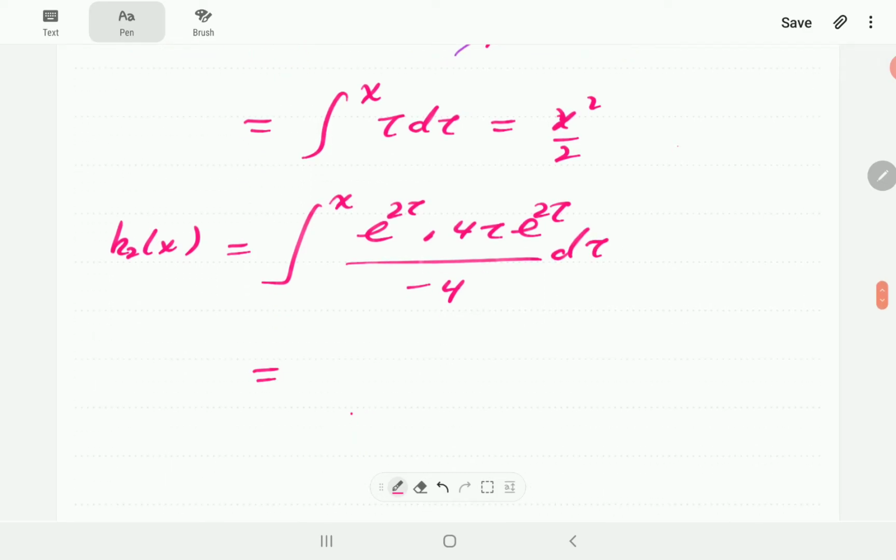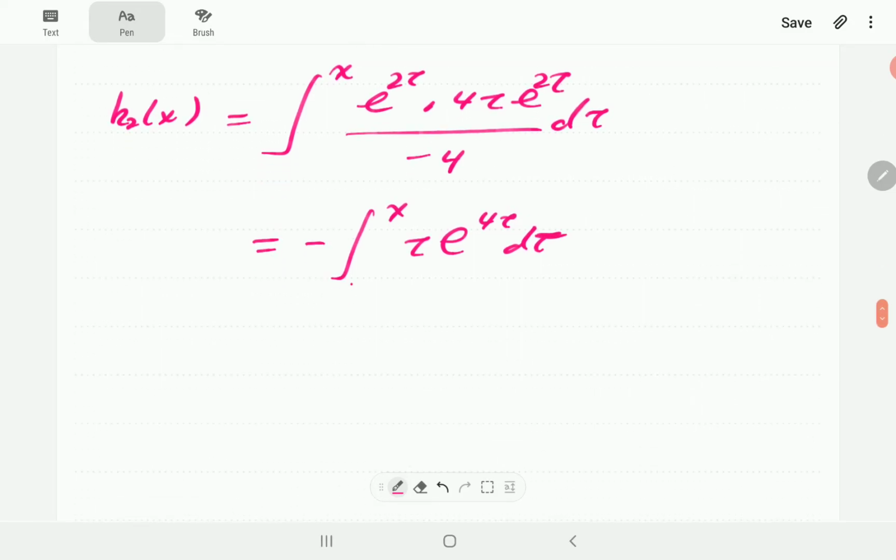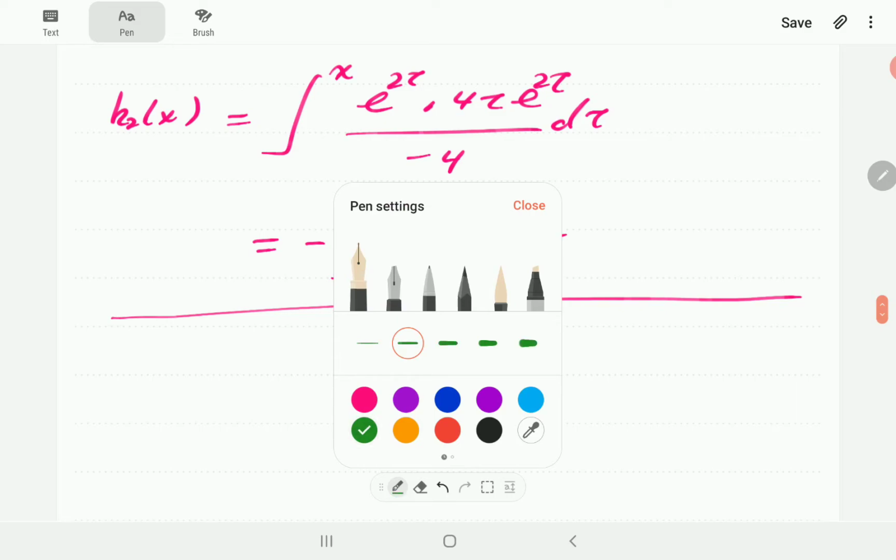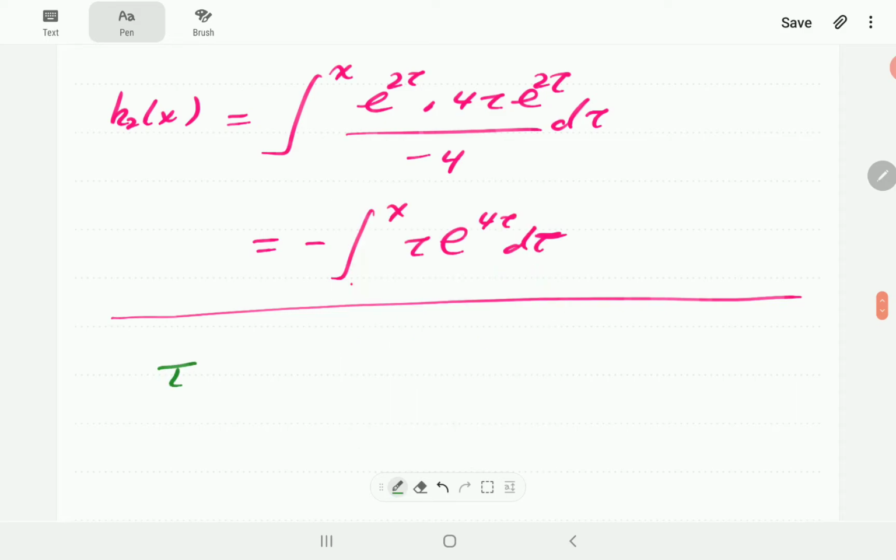Cancelling accordingly this time gives us tau e to the 4 tau d tau. This can be evaluated using integration by parts. We're going to use tabular integration in particular.